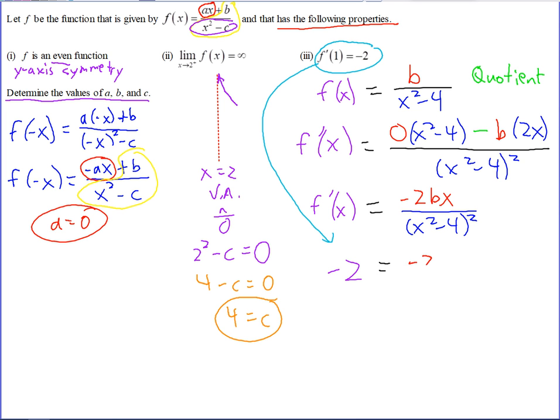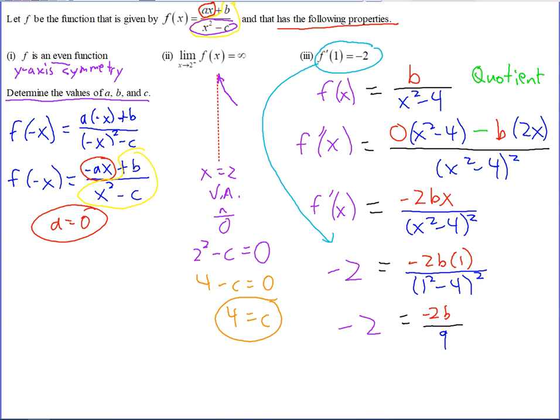So negative 2 times b times 1 divided by 1 squared minus 4 squared. We get negative 2 equals negative 2b on the numerator, divided by, let's see, that's 1 minus 4, that's a negative 3, squared is 9 on the denominator.